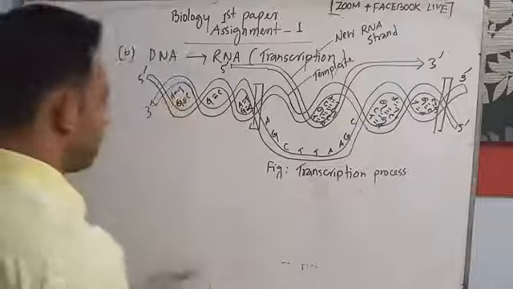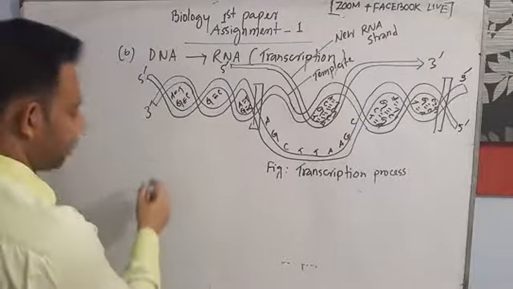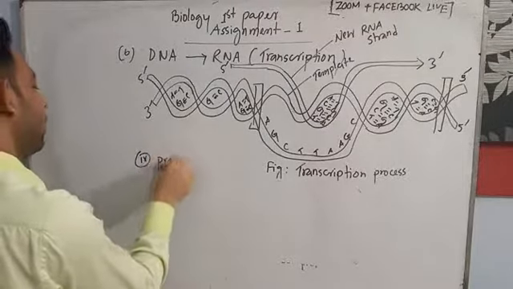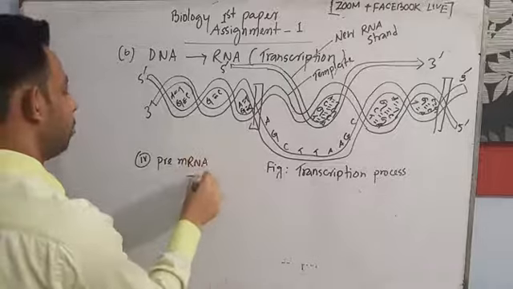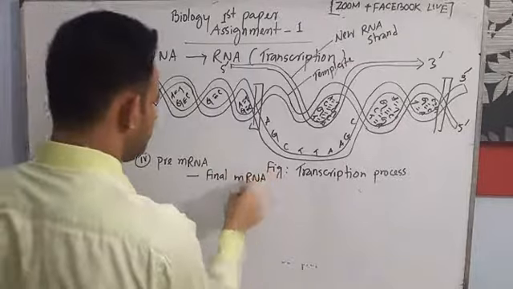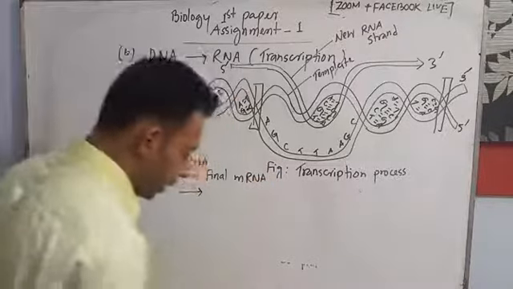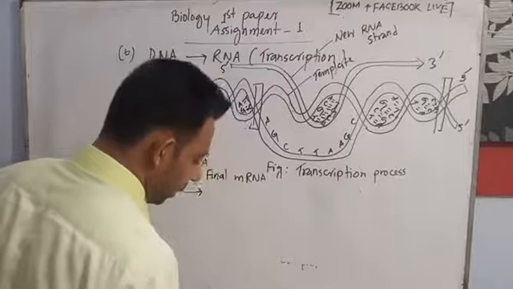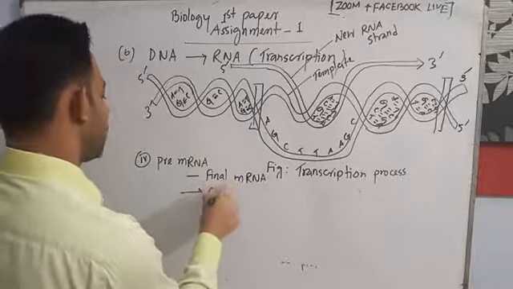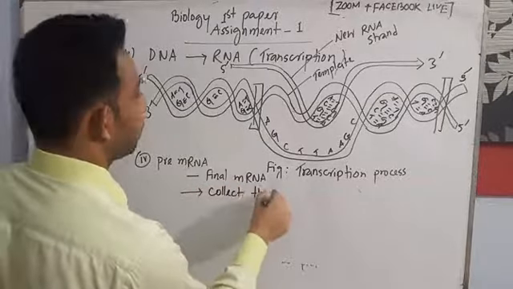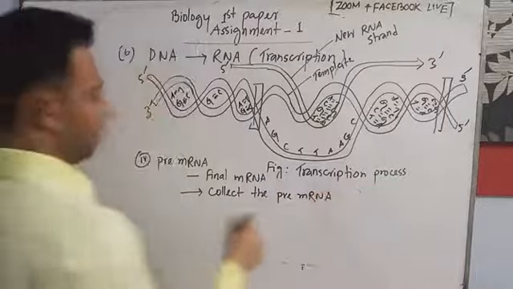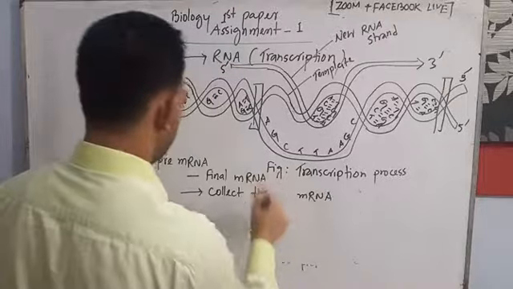In the last case, it was the pre-mRNA to the final mRNA. Now when it is elongated in size, we will count on splicing: collect the pre-mRNA, then the final mRNA.